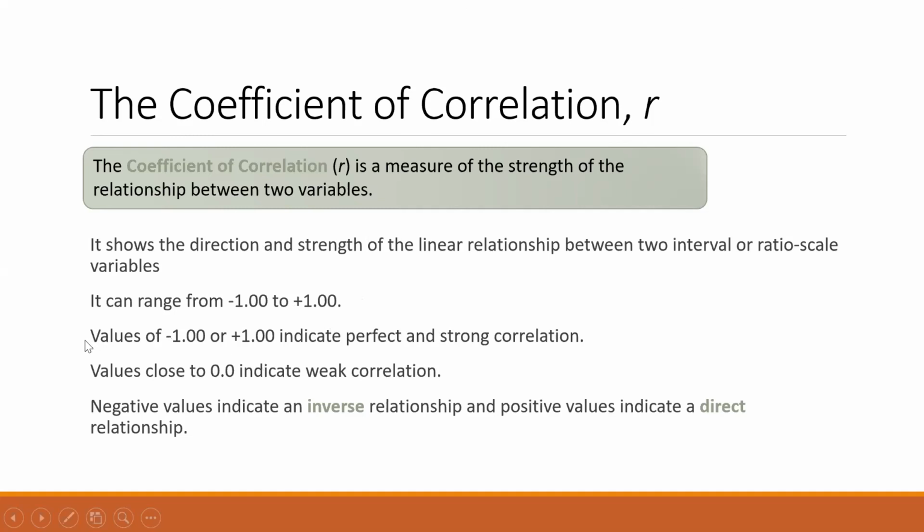The closer the value to -1 or +1, the stronger the correlation. If we have R equal to -1 or +1, that means these two variables are perfectly correlated, either negatively or positively. And if R is closer to 0, that means these two variables are virtually not related at all.